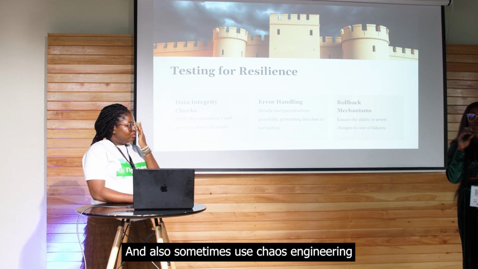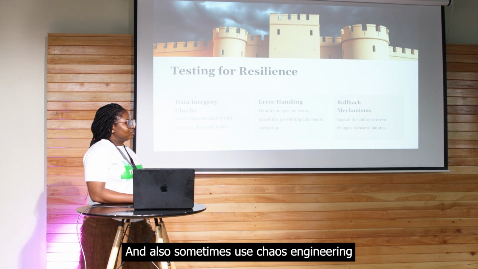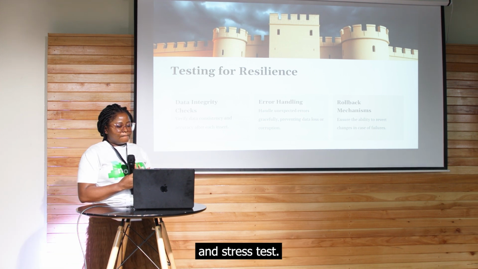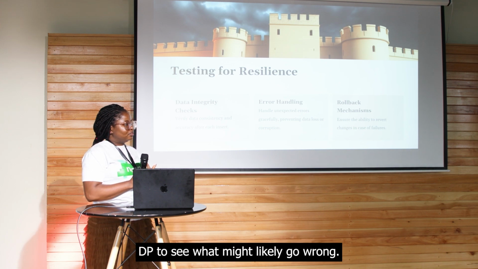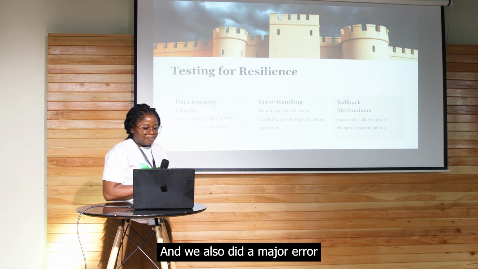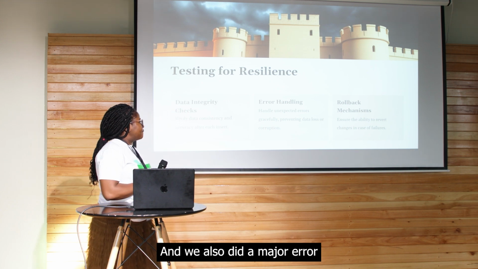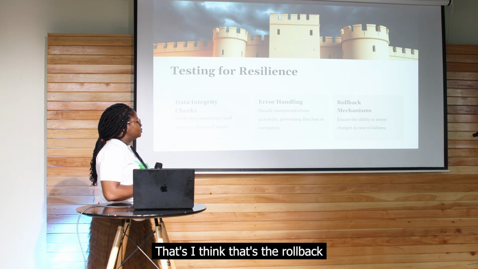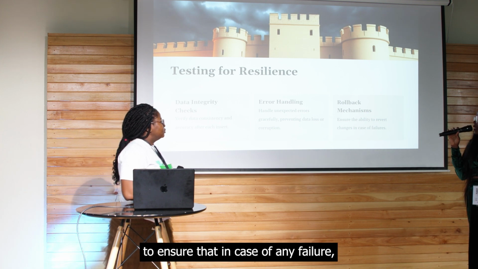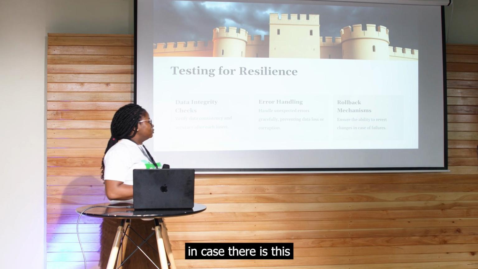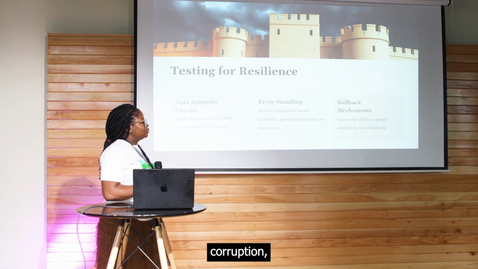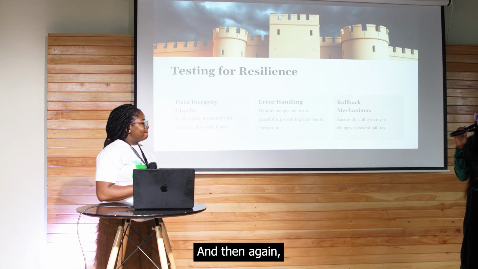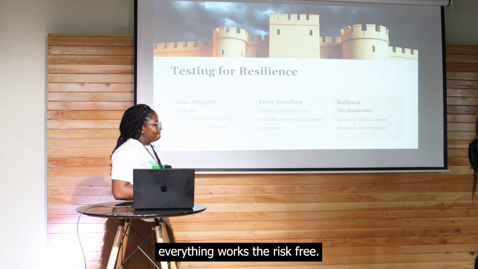Also, some teams use chaos engineering and stress test the DB to see what might likely go wrong. We also did major error handling and used the transaction atomic, that's the rollback mechanism, to ensure that in case of any failure or corruption, our DB doesn't cause any failure, and everything works gracefully.